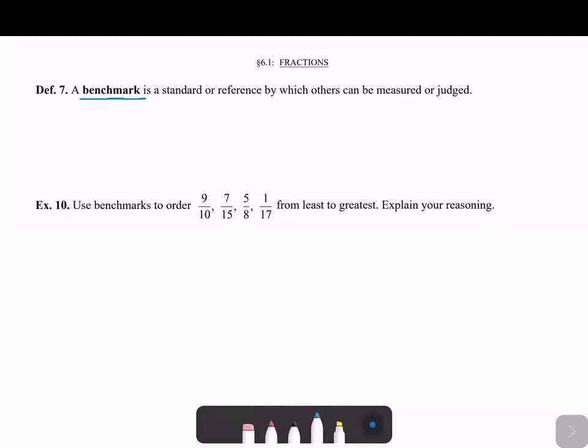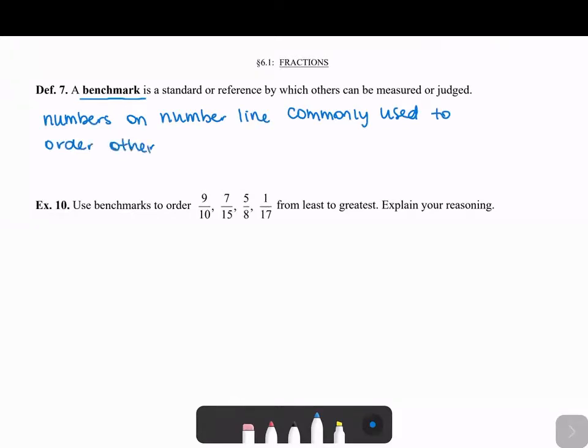Let me write this down. So numbers on the number line commonly used to order other numbers.